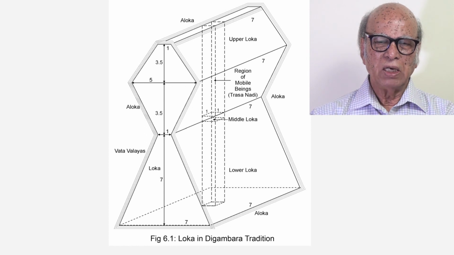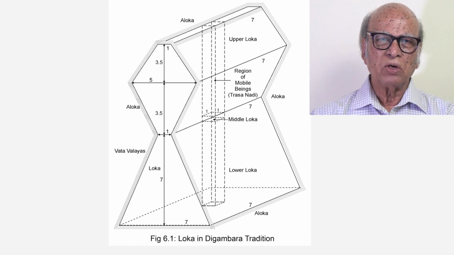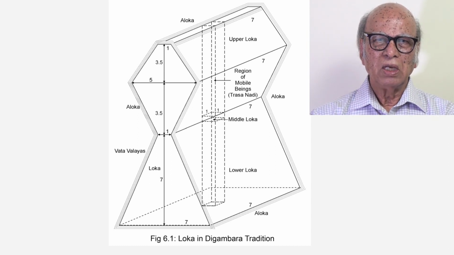In the middle, what we call the middle lok, you will find in the figure. The middle lok contains all the planets, stars, constellations, moons, and so on. So all these astronomical objects are found only in the middle lok.